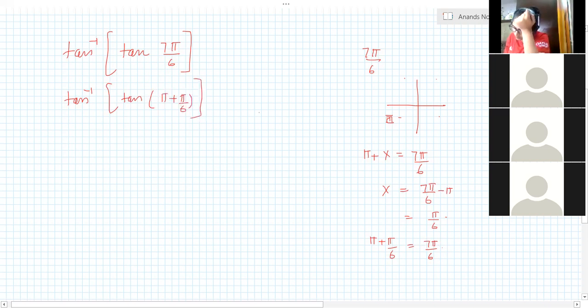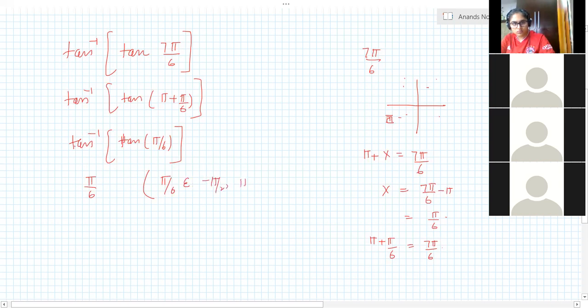And for tan 180 plus theta, all silver tea: tan will remain tan, and in the third quadrant tan is positive. That means tan inverse of tan pi by 6. Then tan inverse of tan theta is now theta. This is acceptable for us because pi by 6 belongs to minus pi by 2 to pi by 2.